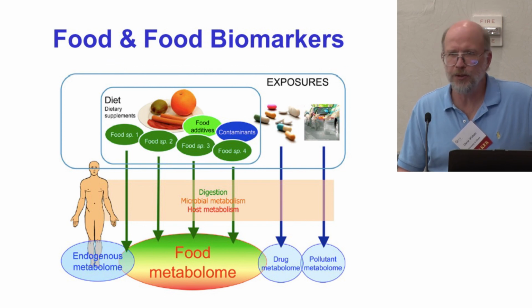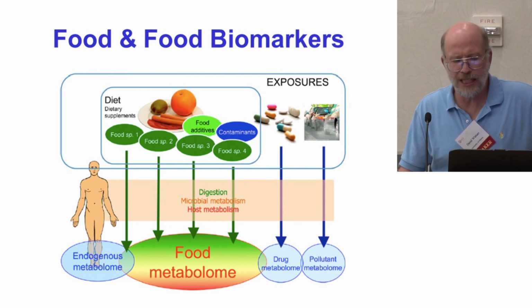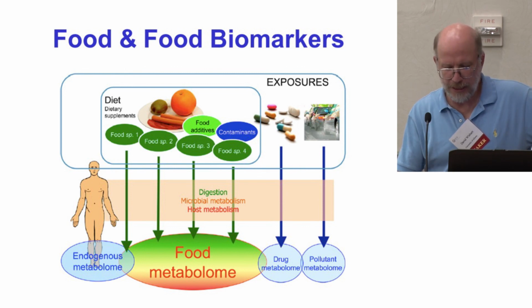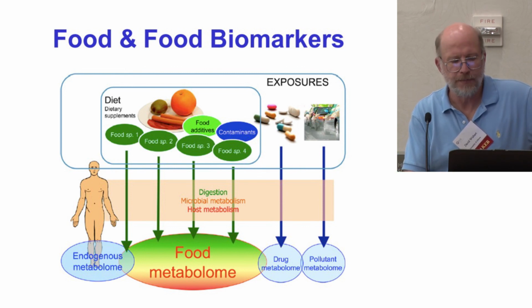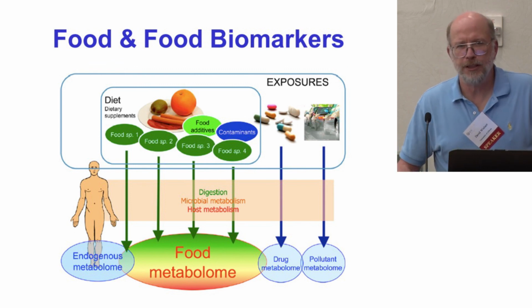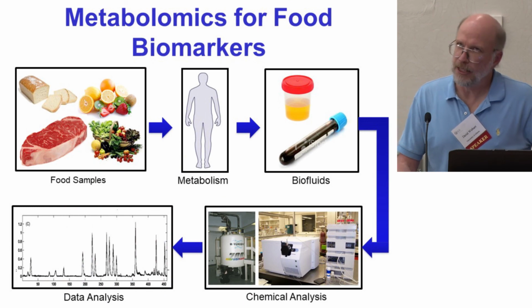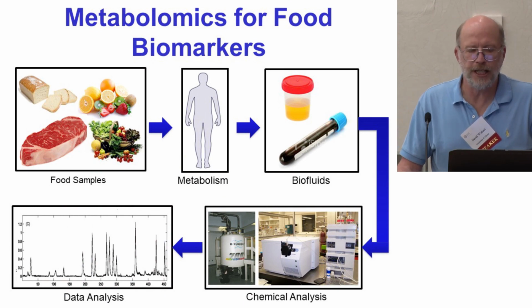Food is transformed to the food metabolome. Drugs are transformed to the drug metabolome. Pollutants are transformed to the pollutant metabolome. And then there's that endogenous metabolome, the compounds that we need and produce ourselves to live and grow. So to apply metabolomics for food biomarkers, we use almost the same workflow as I showed for food analysis.